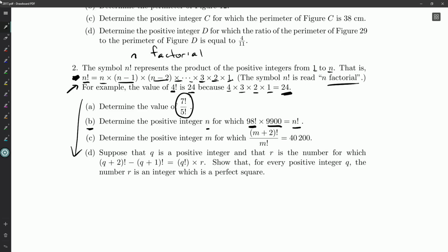Now C, determine the positive integer m for which m plus 2 factorial divided by m factorial is 40,200. And what can we do here? How can we divide factorials? We did it here.